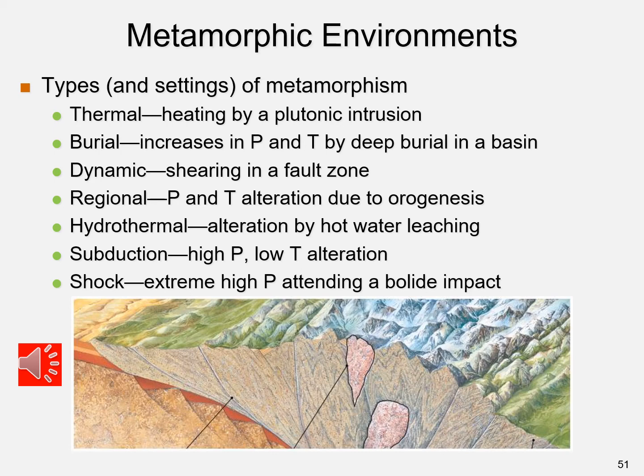Regional, pressure and temperature alteration due to orogenesis or mountain building. 5. Hydrothermal, alteration by hot water leaching. 6. Subduction, where we have high pressure and low temperature alteration. And 7. Shock, extreme high pressure attending a bolide impact.